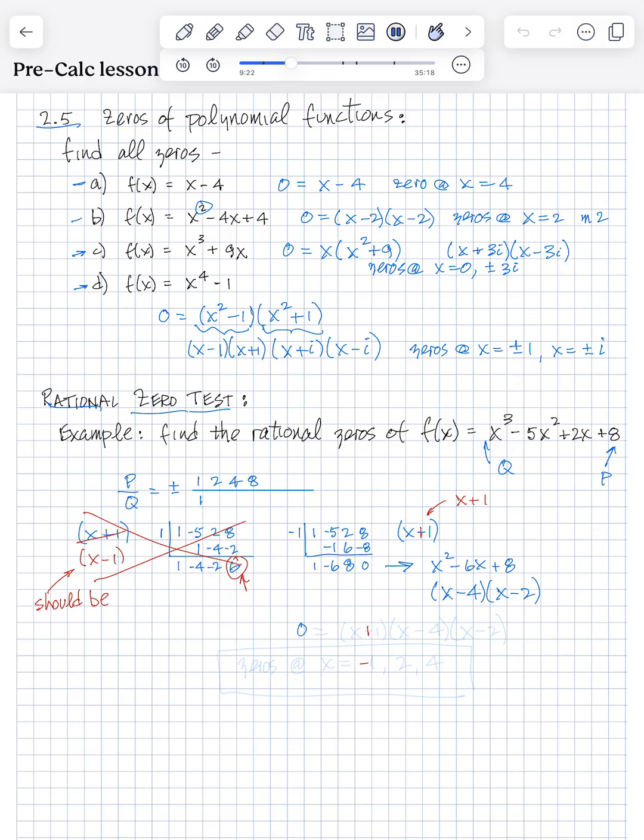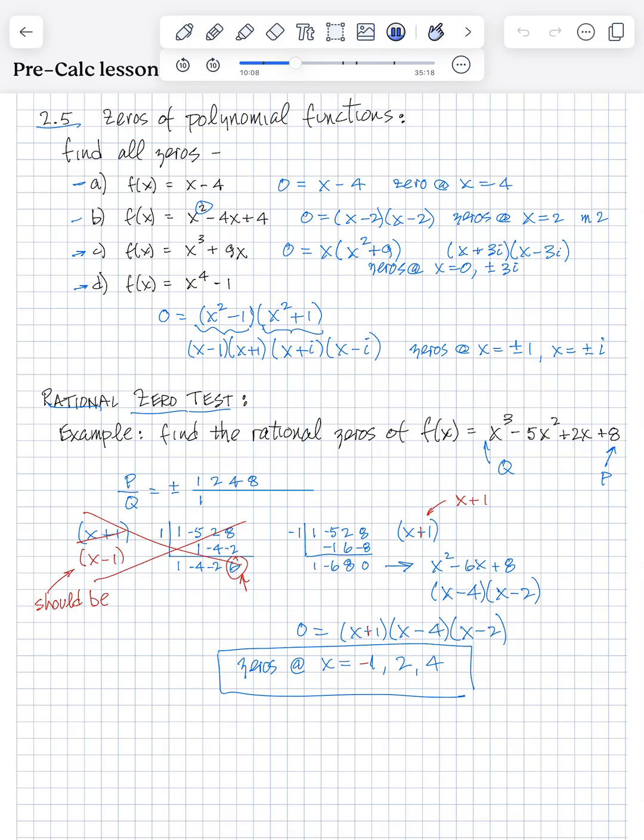It's going to be 0 equals, our first factor is x plus 1, then x minus 4, and x minus 2. Those are the factors, so we can say our zeros are at x equals negative 1, 2, and 4. And that is our answer. Zeros negative 1, 2, 4.